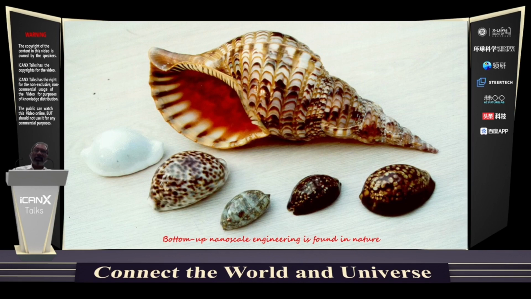And what you see here is actually a spectacular example of a material, which is essentially calcium carbonate, a very brittle material. But when it is nano-engineered, packaged into nanoscale platelets of calcium carbonate and very thin layers of protein, it provides you with an amazingly tough, mechanically tough material.